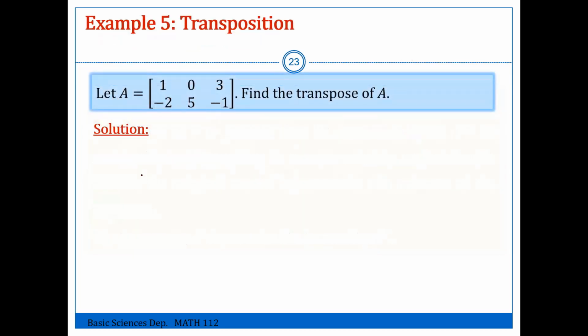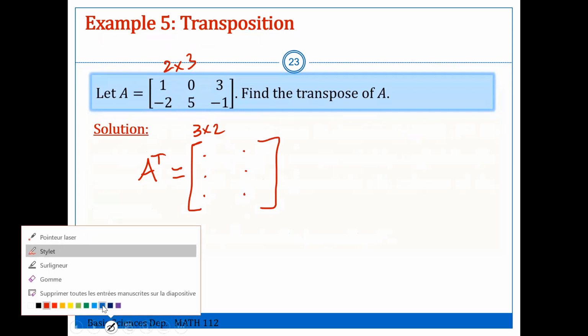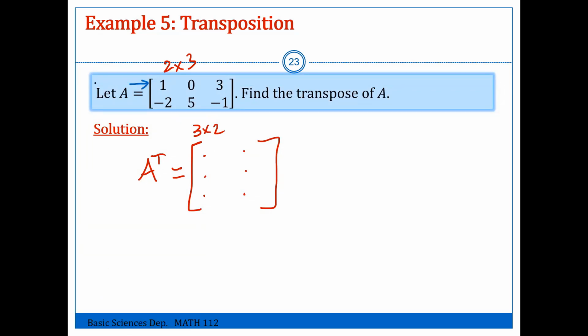Find the transpose. So this is a matrix 2 by 3. So the transpose will be a matrix 3 by 2. So we'll have 3 rows, 2 columns. This is row 1 in A. Row 1 in A will be column 1 in A transpose.